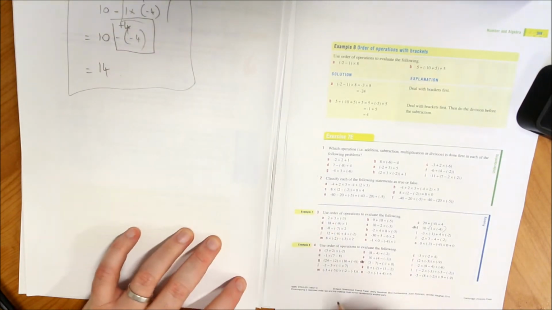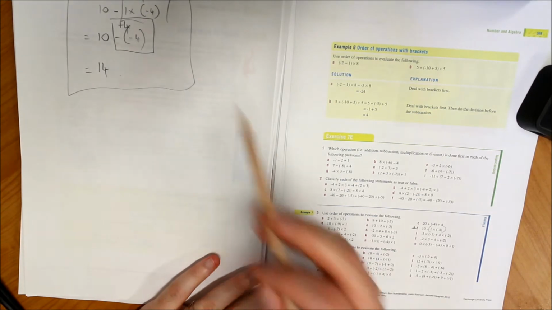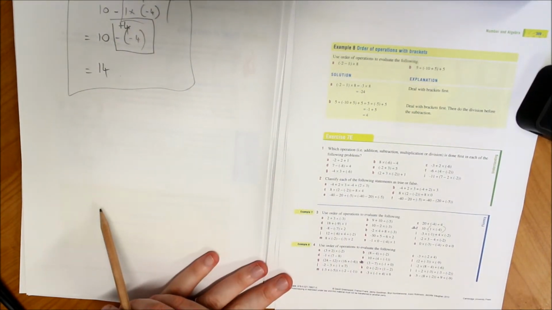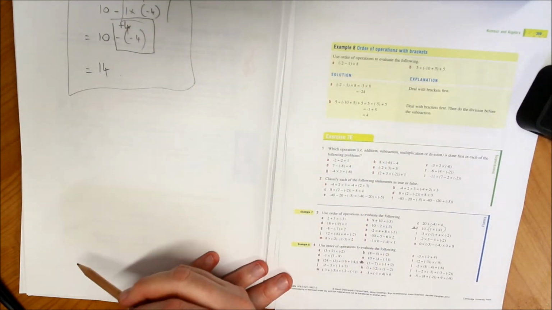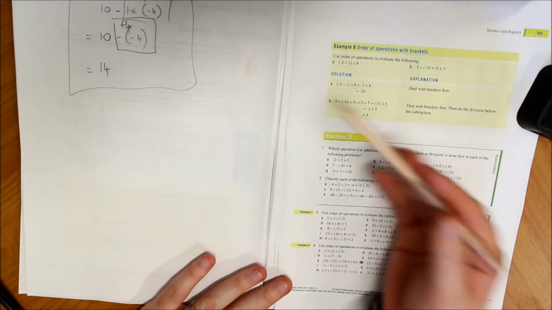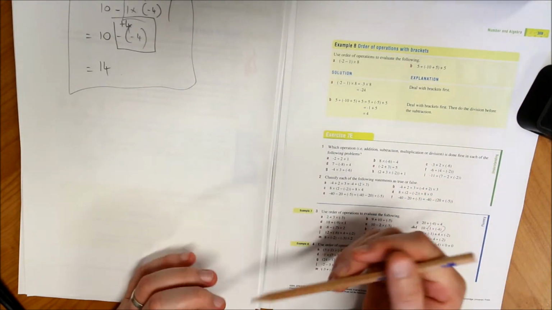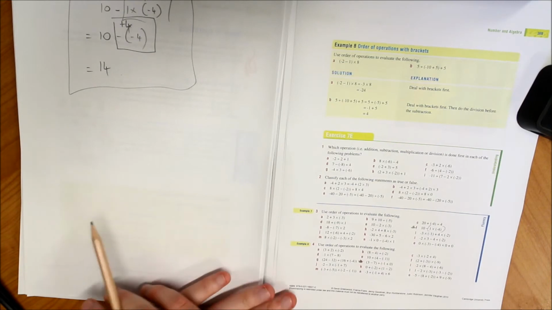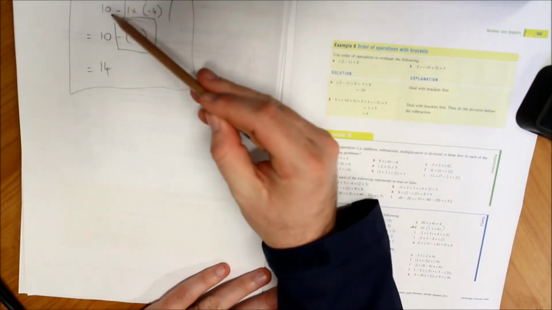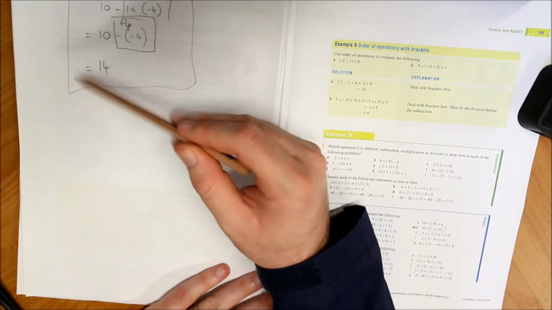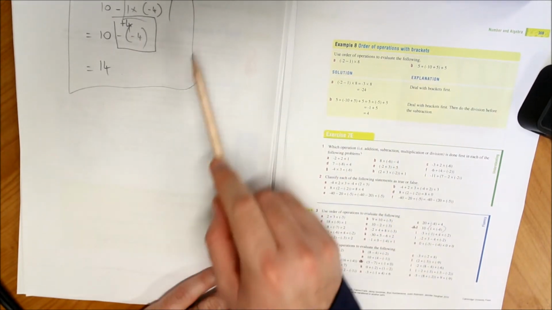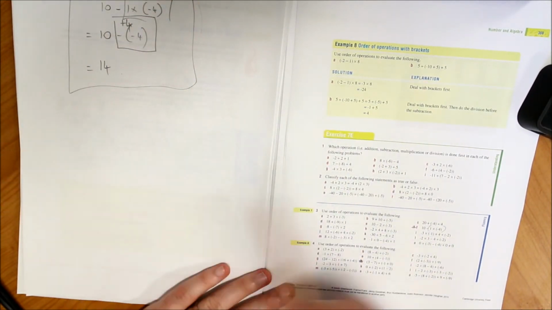Once we get into order of operations in any unit of work, we're really trying to put together a lot of the steps that we've learnt and perform them in a longer sum. I'm not asking you to do anything new, but we're asking you to do a number of different types of things that we've learnt in the previous chapters, all in the one equation.